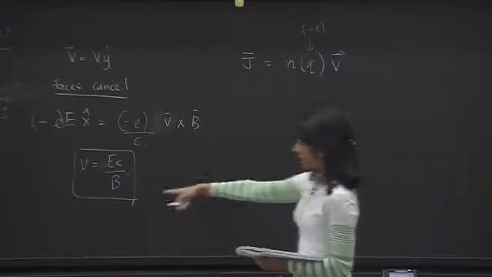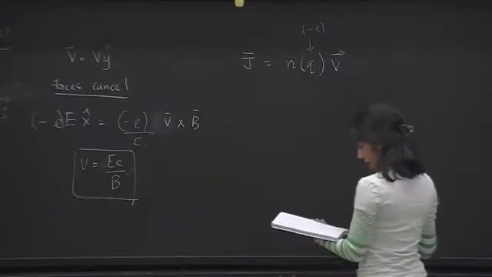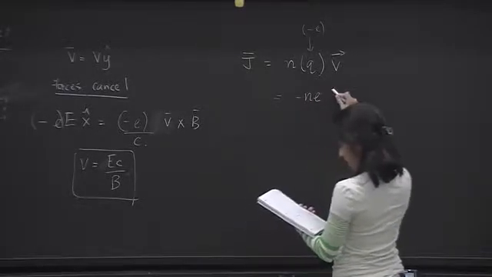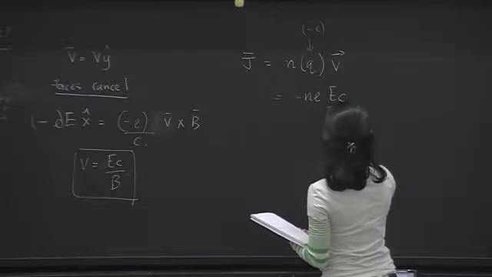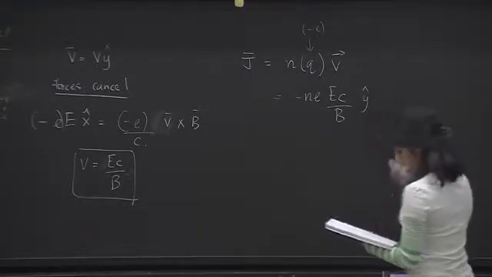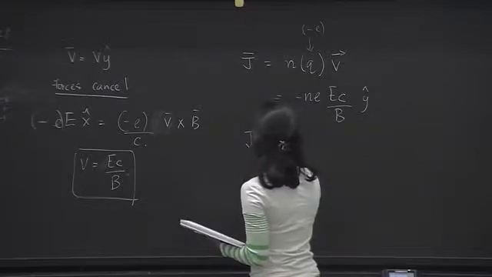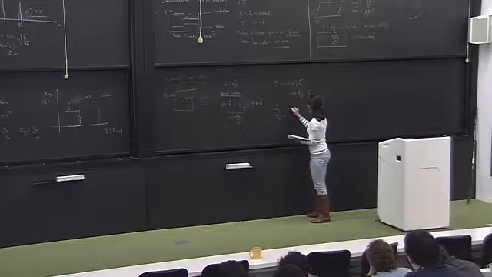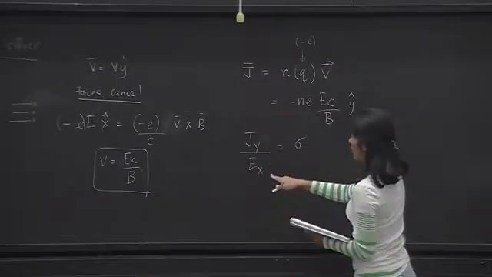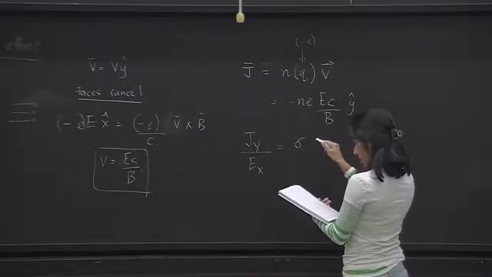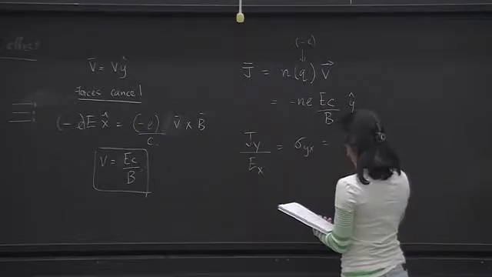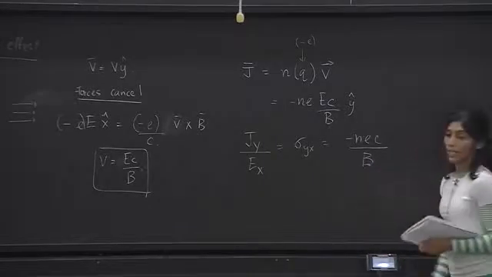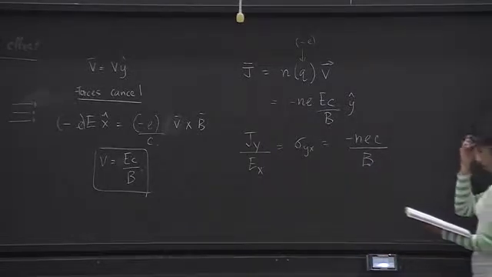I plug in what I have here for v, and I find that the j vector is along y hat, so that the conductivity, jy over Ex, which is sigma yx, is minus nec over B. Okay?